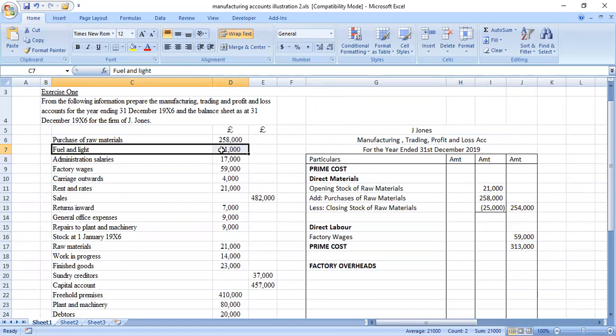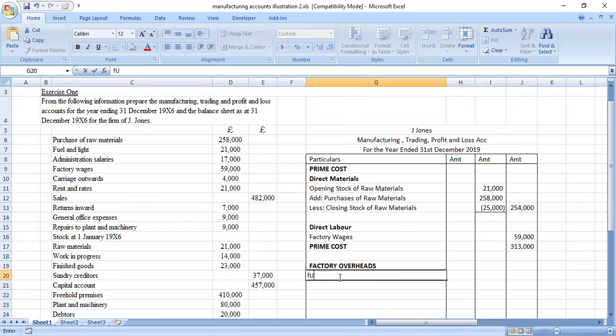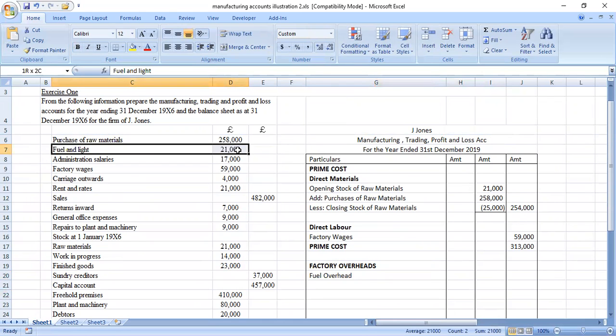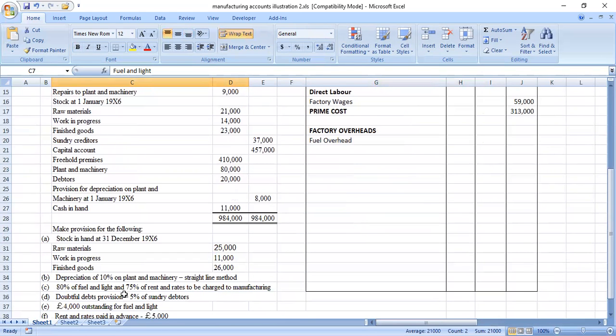Part of the fuel is used in the machinery, and also in the factory there needs to be light. So fuel and light is a factory overhead. It's an indirect expense that is incurred in the factory. The fuel overhead is 21,000, but you have some additional information.